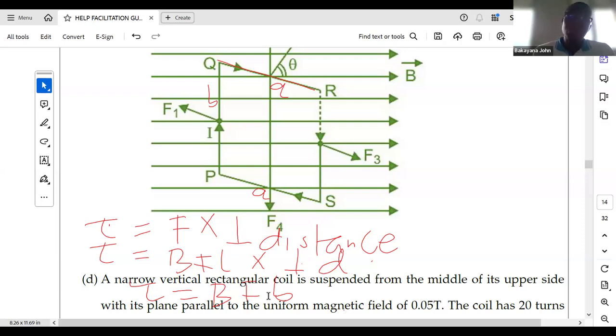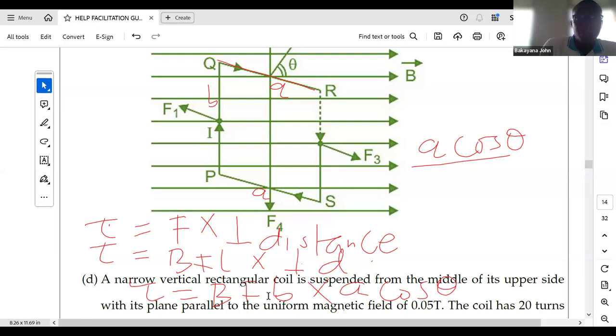Along the field, it is going to be A cos theta. So the component of the perpendicular distance along the field is A cos theta. So our perpendicular distance is A cos theta.